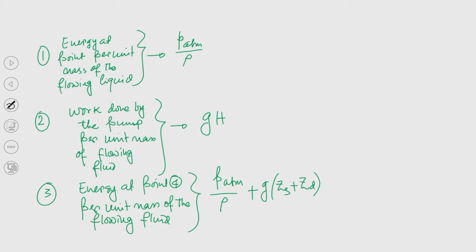And finally, we look for the losses at both the suction and delivery side, summation of Hs plus summation of Hd, into G per unit mass.